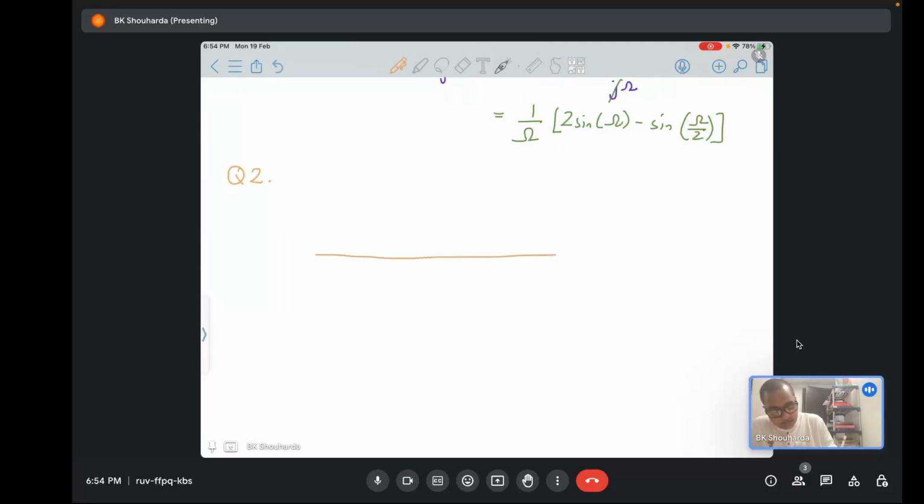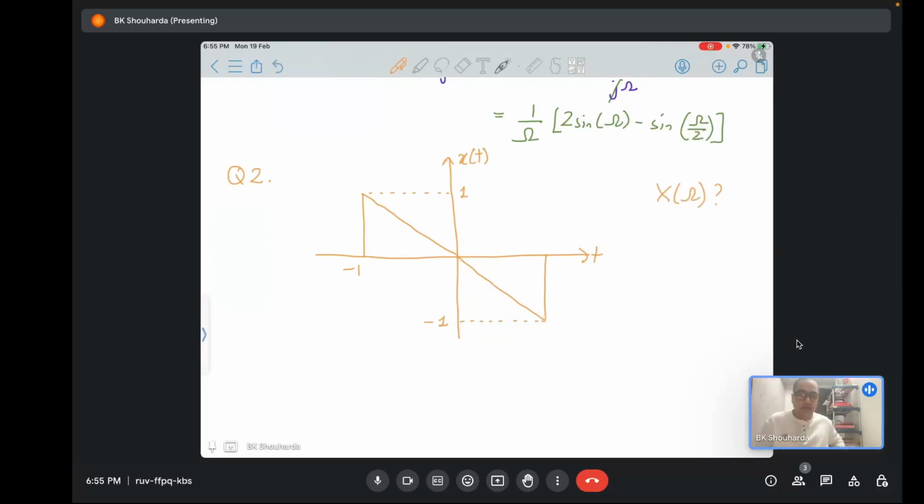The second question over here is something like this: minus 1, 1, 1. This is minus 1, this is x of t, this is t. Again we have been asked to find the Fourier transform of this signal.